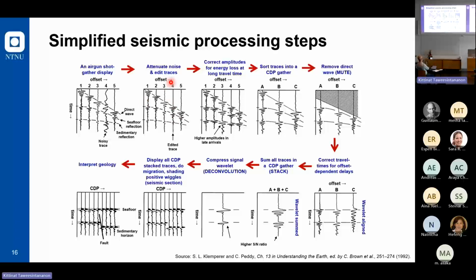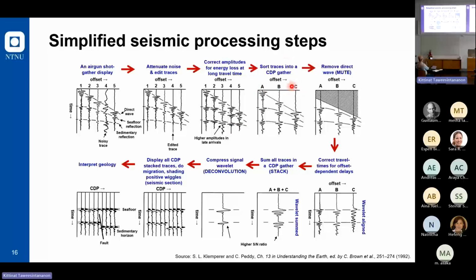So we attenuate noise by maybe editing noisy traces and replacing them with interpolated traces. We correct amplitude for energy loss with distance and long travel time. For example, spherical divergence, which you might know, is amplitude decay with distance. We need to correct that to have a good image of the deeper part of the subsurface.